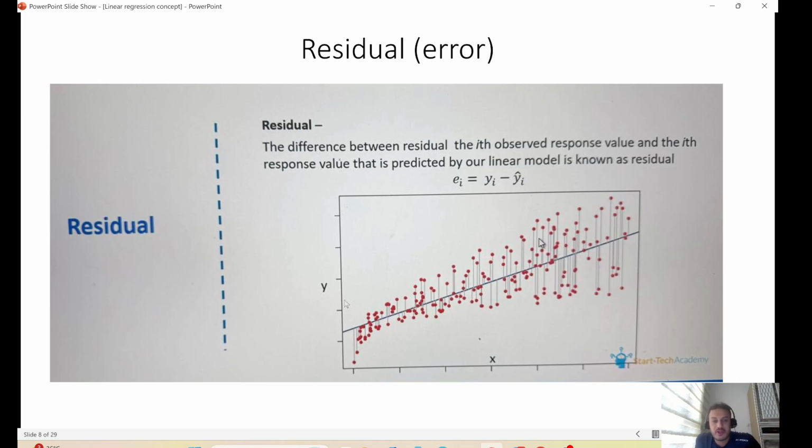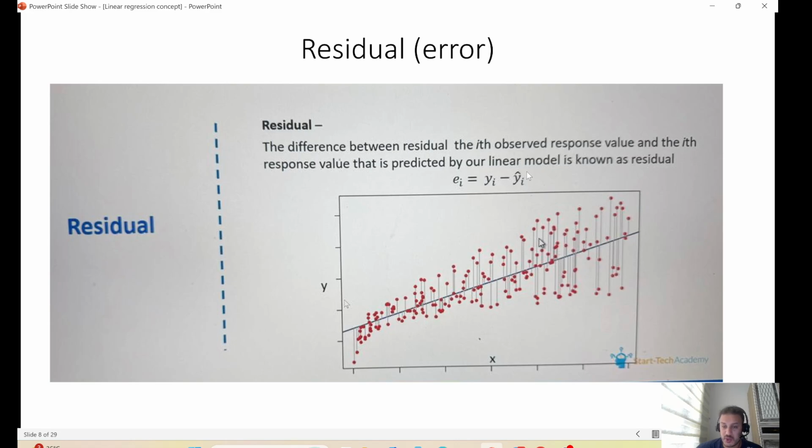After you run your model equation, you have this figure. The blue line represents your model, the predicted model, and the red dots are where your y and x are. The difference between your predicted model, the blue line, and the red dot, the true y, is called the residual.